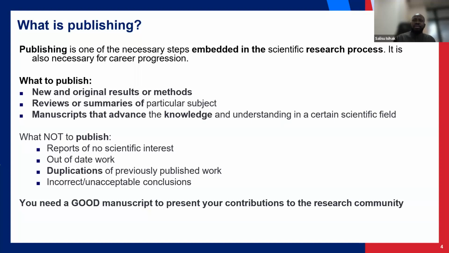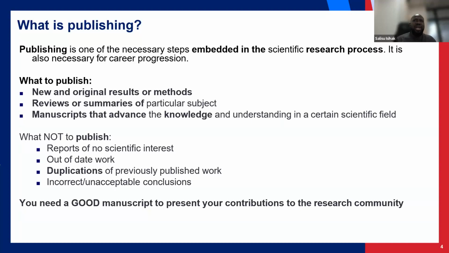And we also know that we can always publish original work. The original work will be in terms of new results that we've seen, or in terms of methods that we are trying to advance, or it could even be a summary of works that have been done in the past, but trying to bring them together, which I call a systematic literature review, to show a pattern or a new insight around them and get it published.